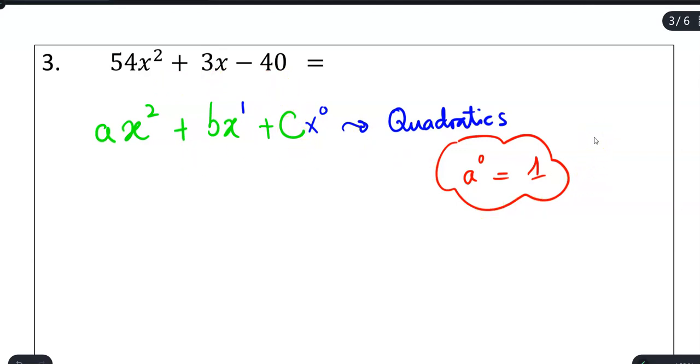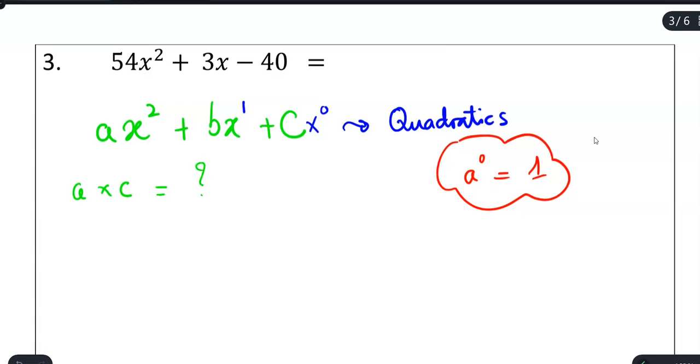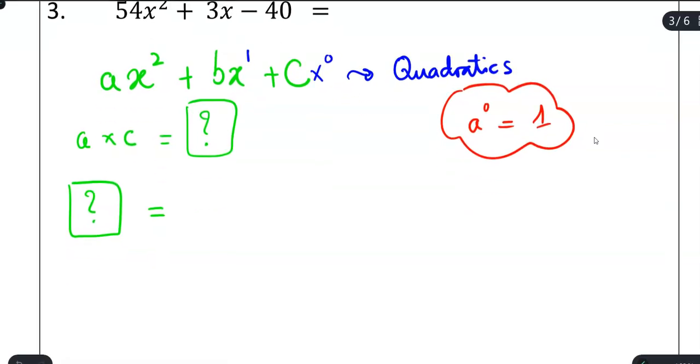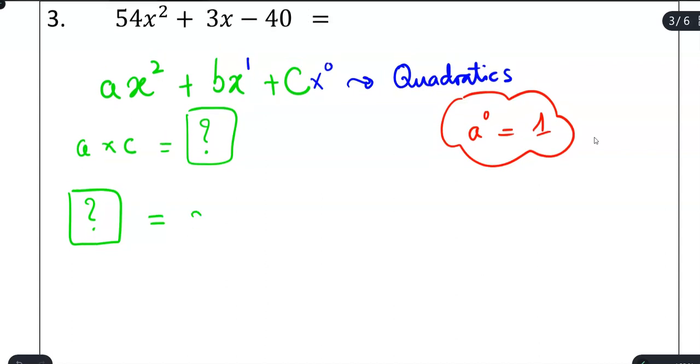All right, so you are going to take a times c equal to a number. Okay, so I'm going to put a question mark here. And then from this, you are going to look for two numbers that multiply. So I'm looking for x1 and x2.